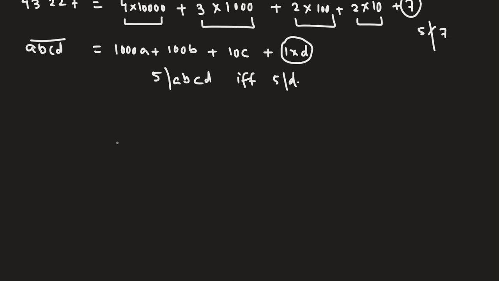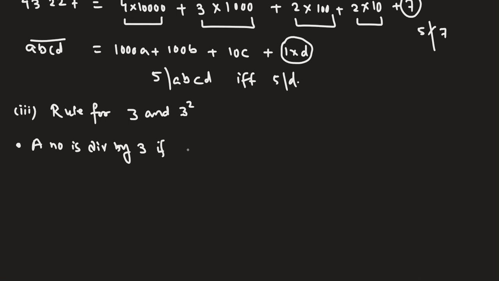Next is divisibility rule for 3 and 3 square. Rule 3. A number is divisible by 3 if the sum of the digits is divisible by 3 power 1.